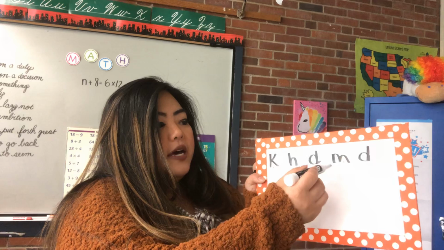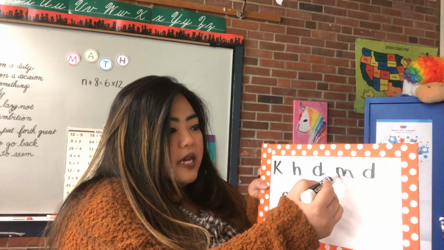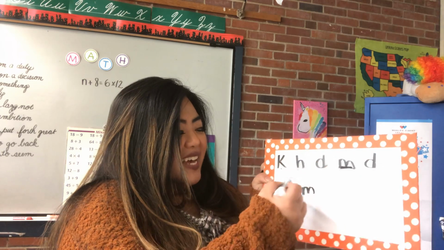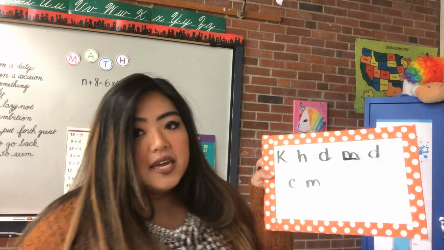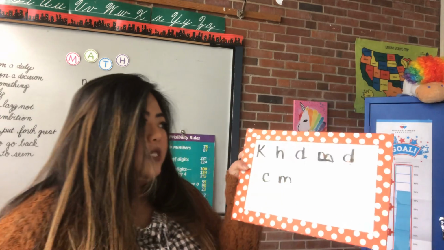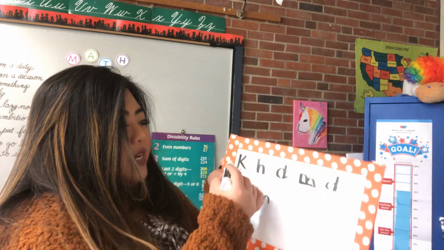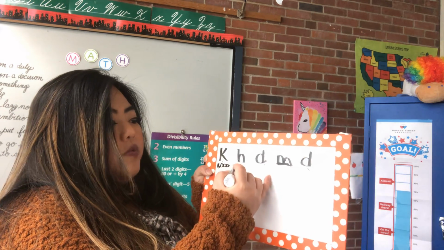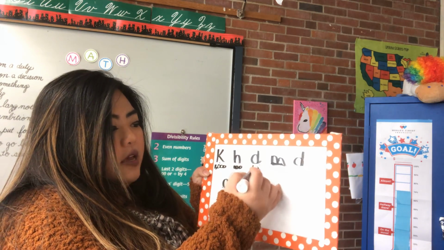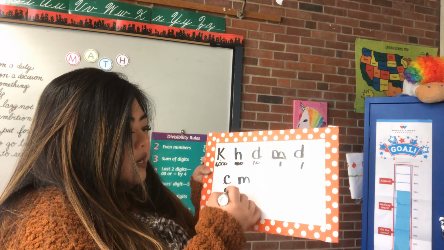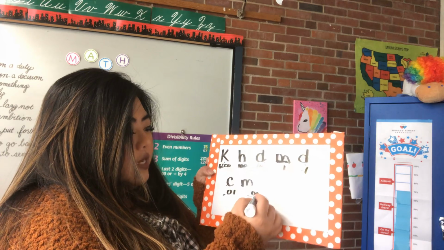Kilo, hecto, deca, this is like the unit, like meter. Deci, centi, and milli. That way this will help you to remember the order because it goes from largest to smallest. 1,000, then take off a 0, 100, 10, 1, 0.1, 0.01, 0.001.